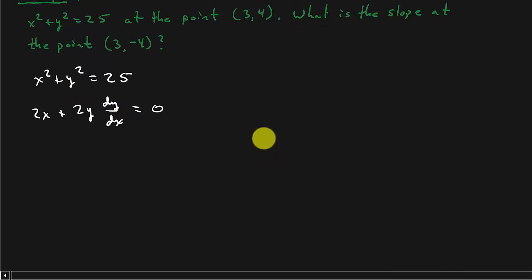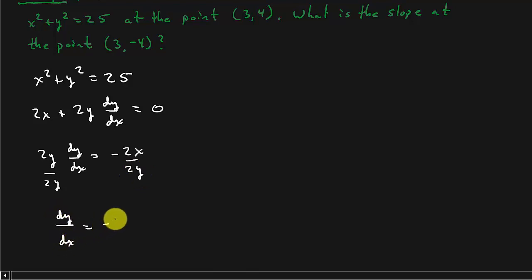And now I solve for dy dx. So I get 2y dy dx equals negative 2x. Divide everything by 2y. So I get dy dx is equal to negative x over y. All right, so there's my derivative.